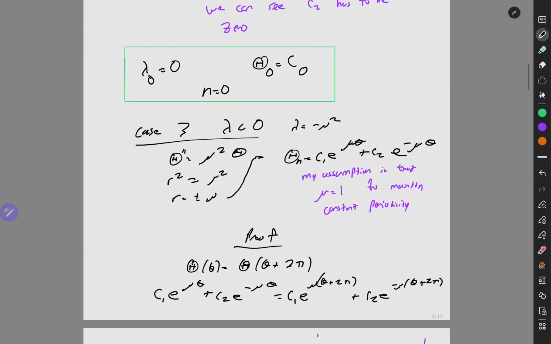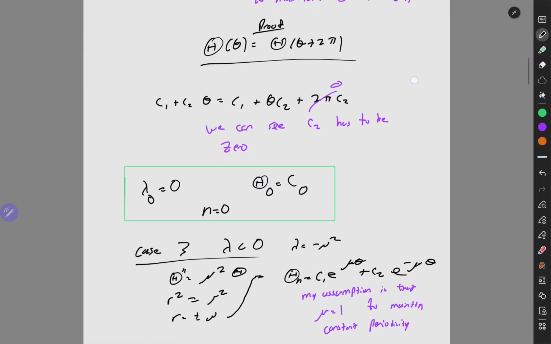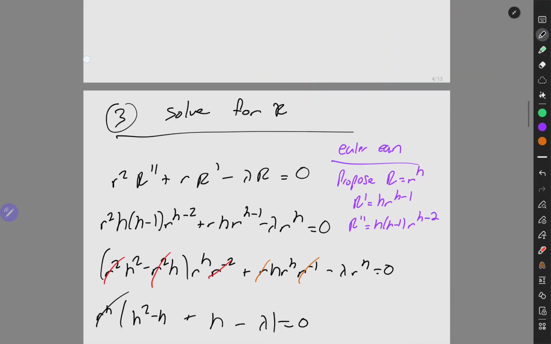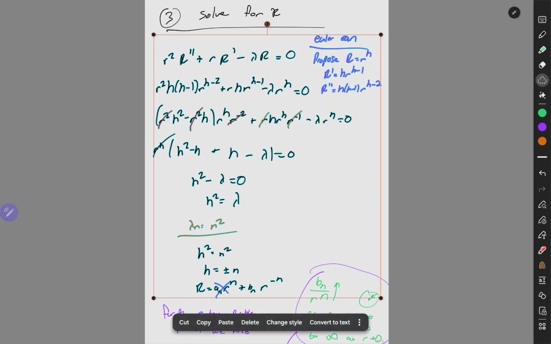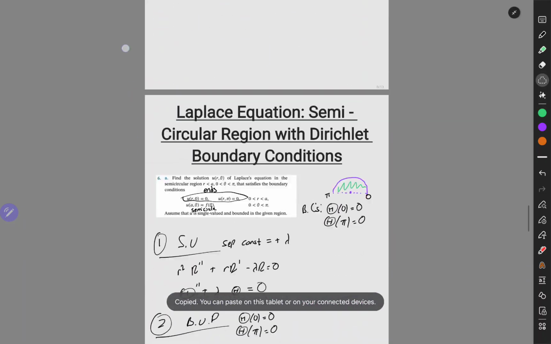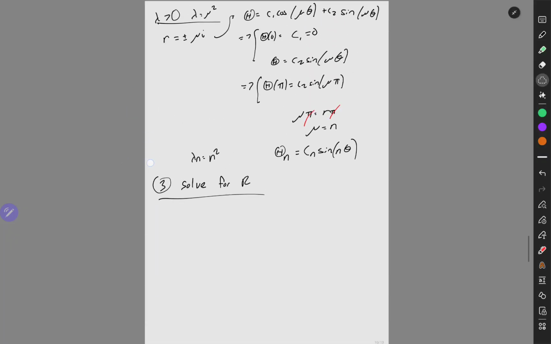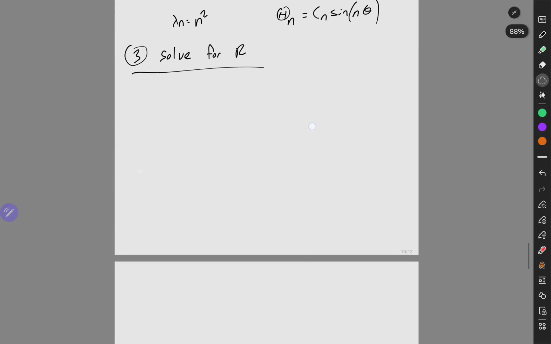But the n is going to change though, so I don't want to copy the whole thing. Here it is. So you should know how to do Euler equations. This is from second order ODEs. I guess I'll move it all over to this page.